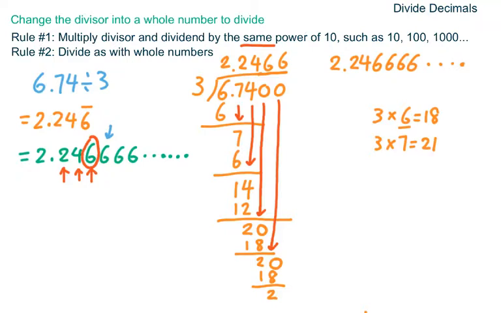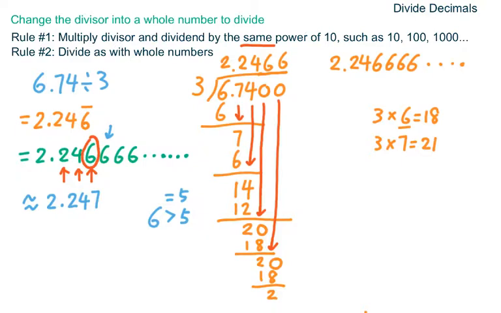And based on the rounding rule, we know that if that number is equal to 5 or greater than 5, we need to round up. Since 6 is greater than 5, we need to round up. So our final answer of this problem is approximately 2.247 because we need to add a 1 to the 6 at the 1000th place.